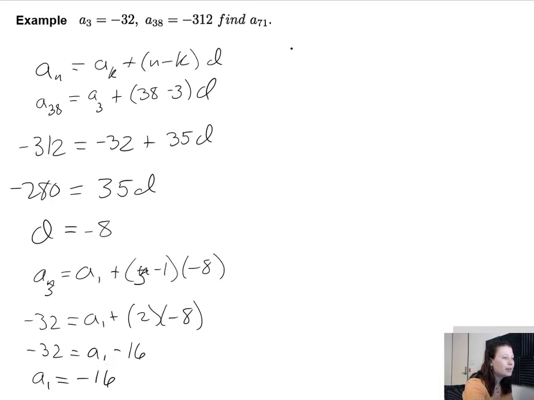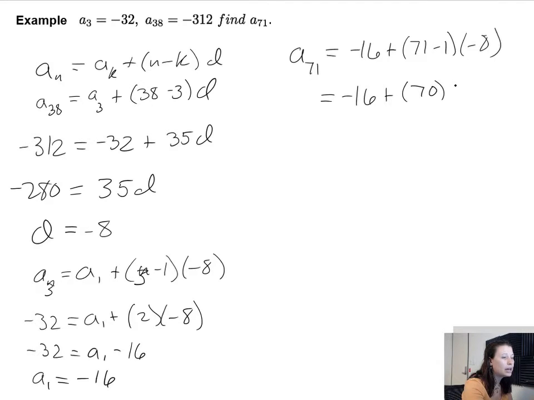So now we can set up our actual formula. A71 is equal to a1, which is negative 16, plus 71 minus 1 times d, which is negative 8. So then we get negative 16 plus, well, 70 times negative 8.